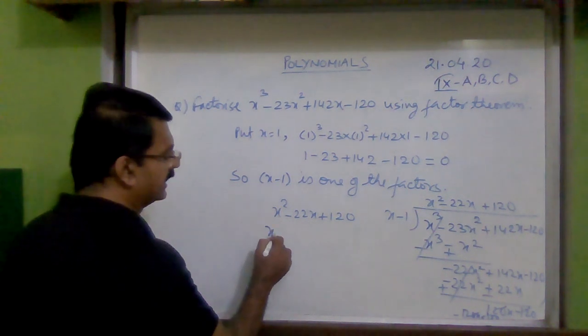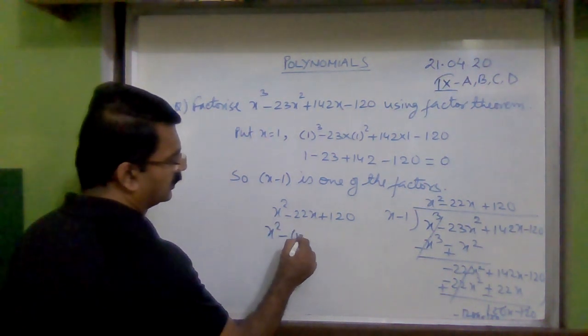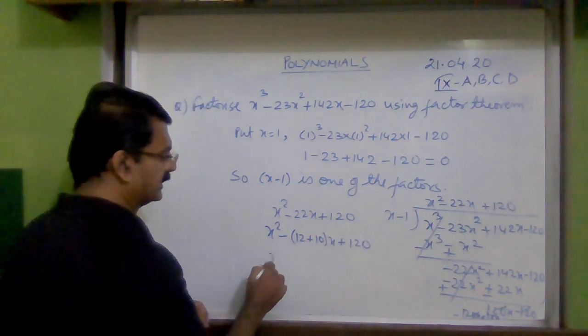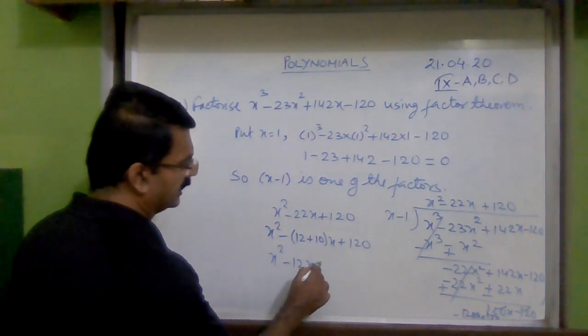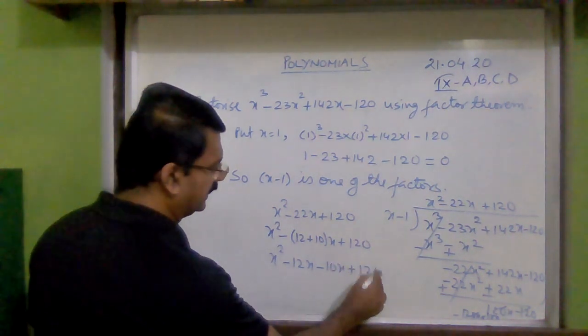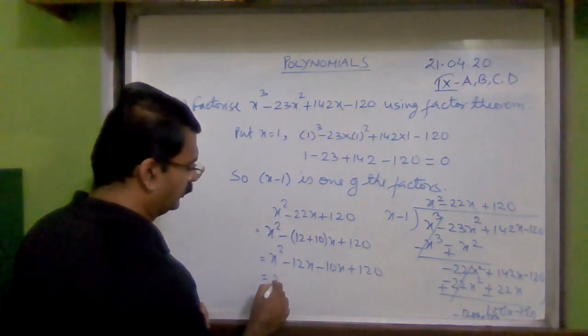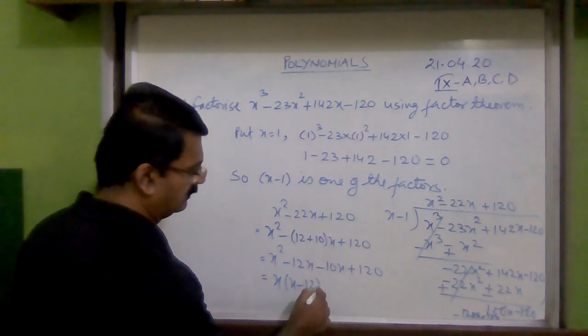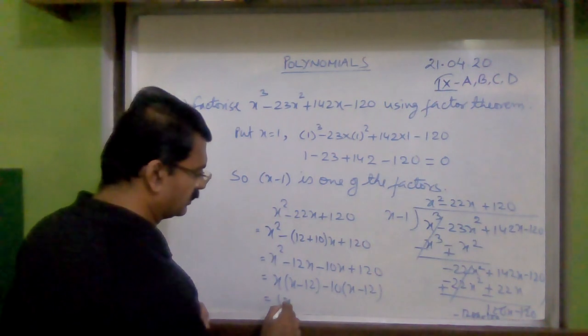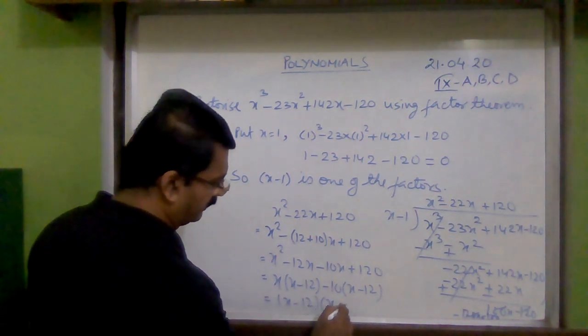So you write it as x square minus 12 plus 10 into x plus 120. So x square minus 12x minus 10x plus 120. And now if you take x common, this is x minus 12 minus 10 common, so x minus 12. And again you take x minus 12 common, so in the other bracket you will have x minus 10.